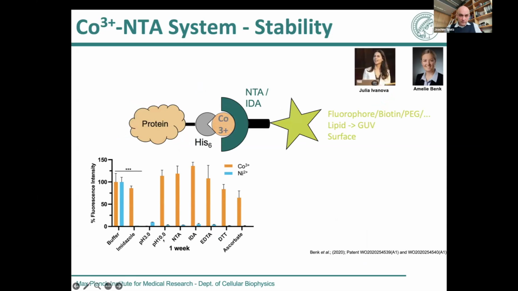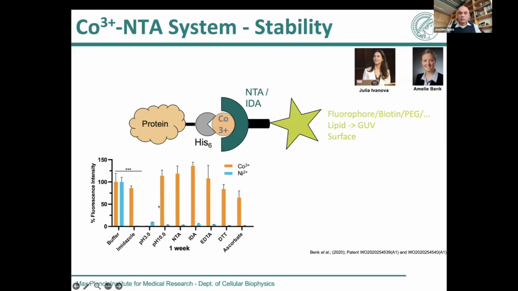So here you see, if you do labeling of proteins via nickel 2+ and then add one of these counter ligands like IDA or EDTA or DTT, they simply delete this complex and you don't find any signal. That's the blue one.